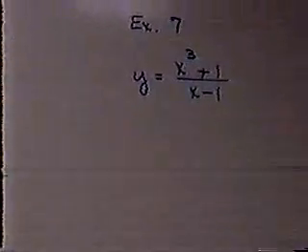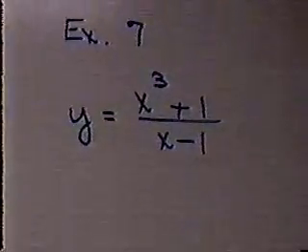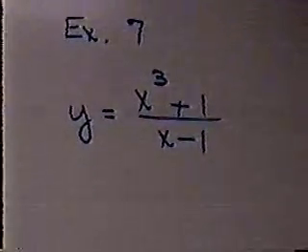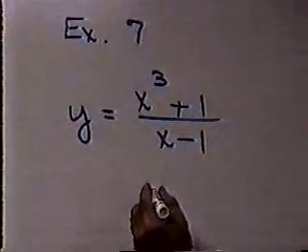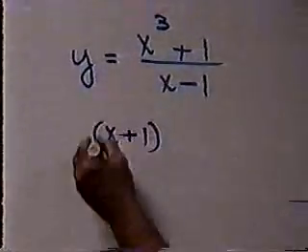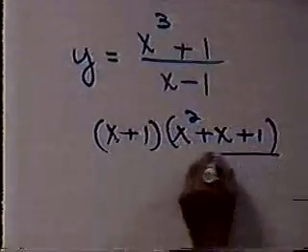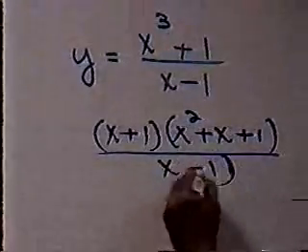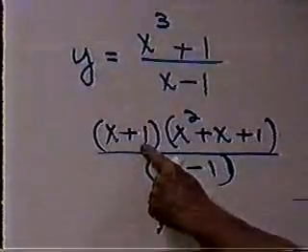Example 7. Again, the highest power in the numerator is larger than the highest power in the denominator. So let's go use roots and find this. Factoring it, we get x plus 1 times x squared plus x plus 1, all over x minus 1. So step 1 tells us minus 1.